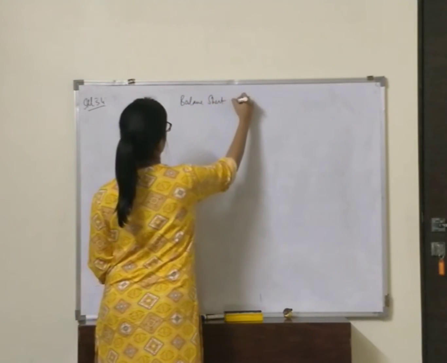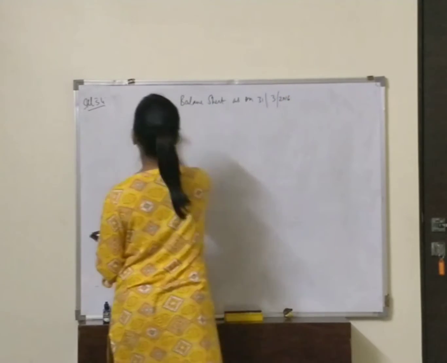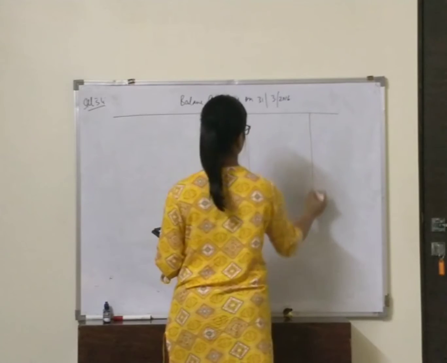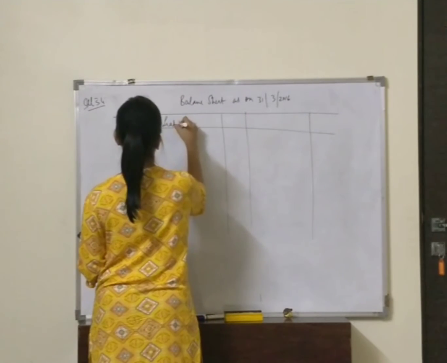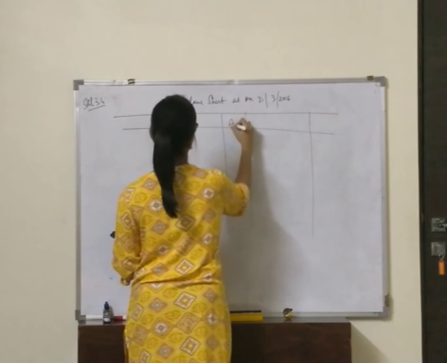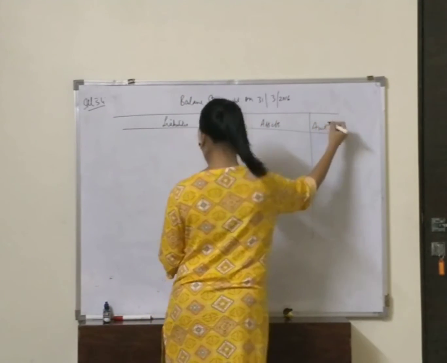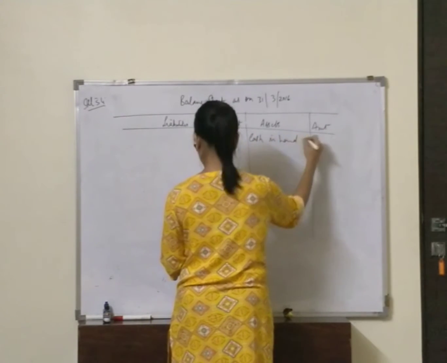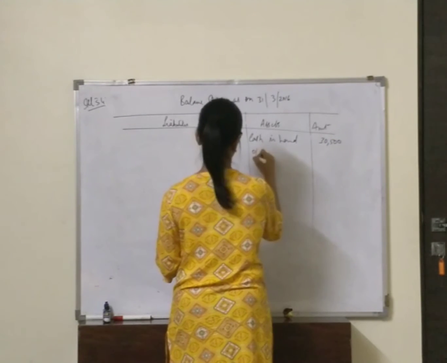Balance sheet as on 31st March 2016. Liabilities amount, assets amount. First thing we have is cash in hand 30,500, closing balance of cash.